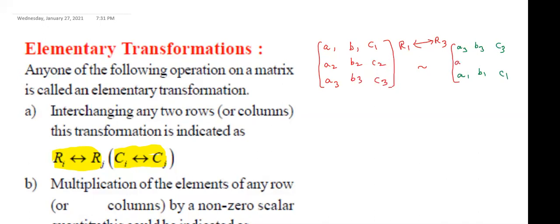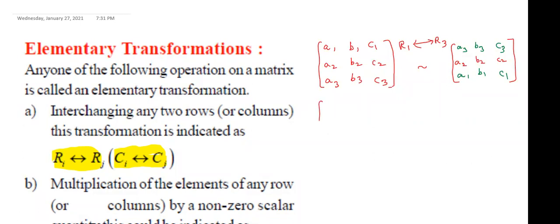The remaining, that is the second row, should be the same: A2, B2, C2. So what have we done here, students? Interchanging R1 and R3. Rows are counted top to bottom. Columns are counted left to right.